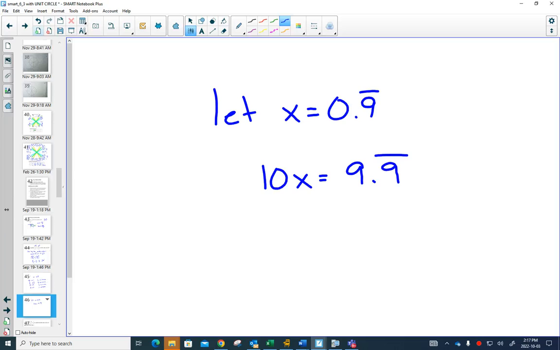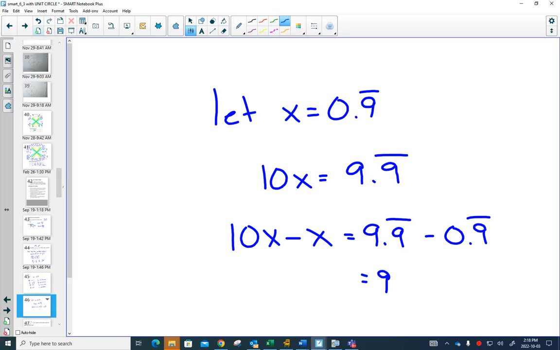Then on this side, I'm going to subtract 1x, which means on this side, I'm going to subtract 0.9 repeated. Can you see that 9.9 repeated minus 0.9 repeated, all you would be left with on this side is 9. And on this side, 10x minus x would leave me with 9x. Divide both sides by 9, and I get x is equal to 1. But I started with x is equal to 0.9 repeated. So they are the same number.